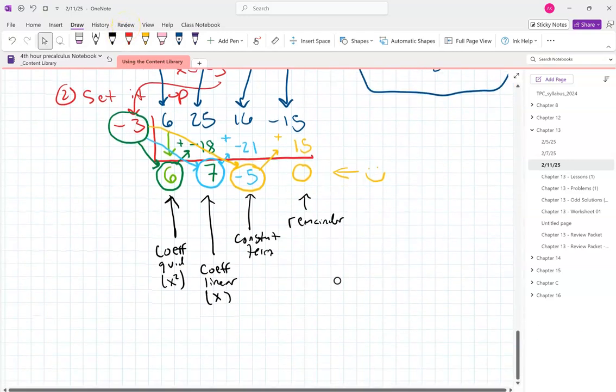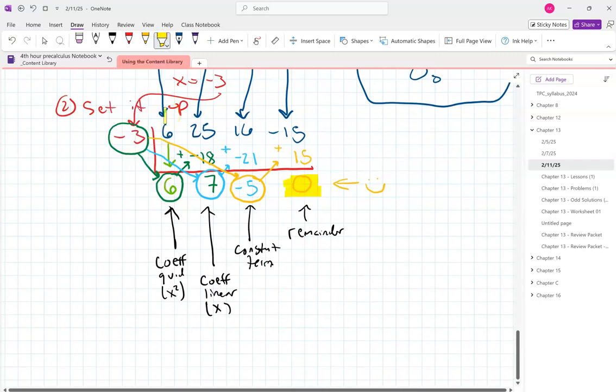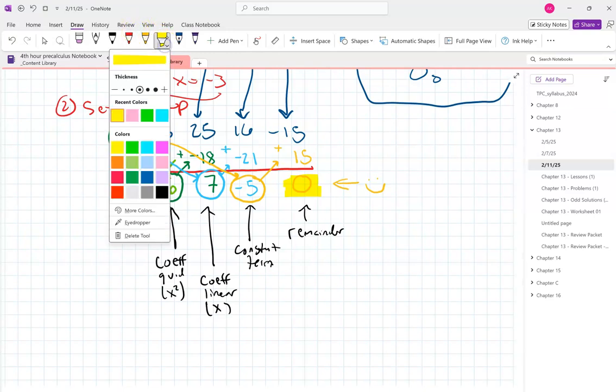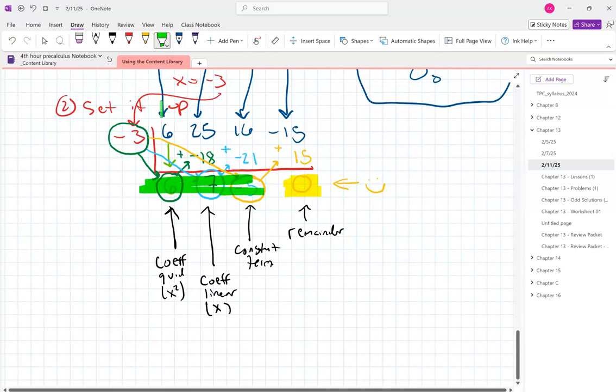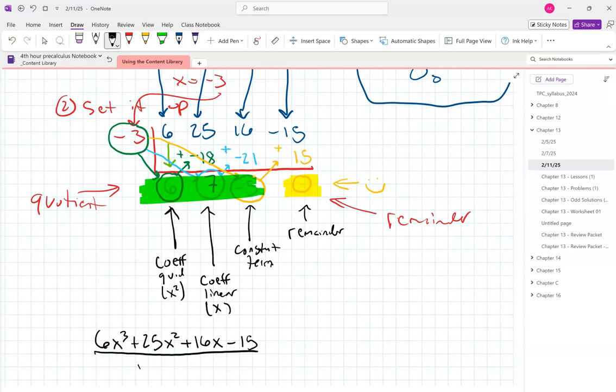So what we can say is that this is like the best of both worlds, right? We're getting the remainder and we get the quotient. So what we can say, again, is that the solution to this division problem, let's write it this way.